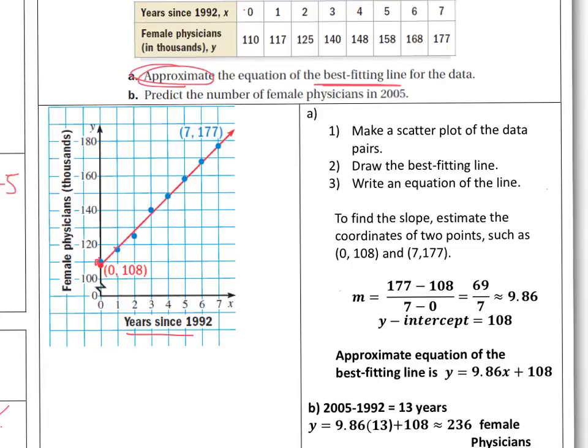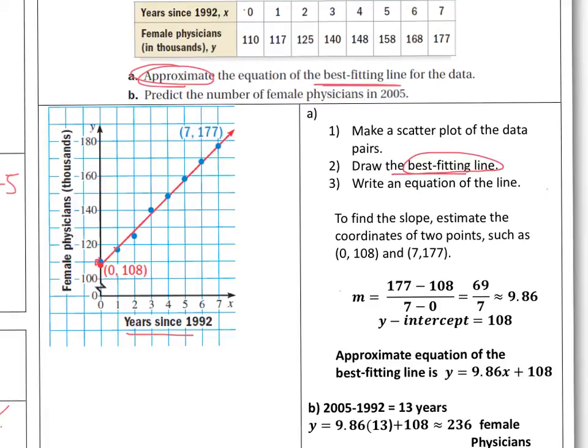So okay, you need to decide the increments. It's okay if the x-axis and the y-axis have different increments. After you graph all the points, you need to draw the best fitting line through the points. It doesn't have to pass through every single point, okay? And then you got to write the equation of the line.